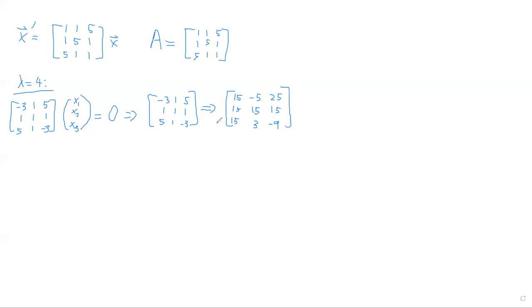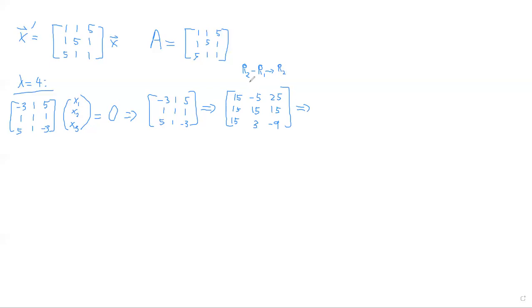Now, sorry, I'm going to subtract the first row from the second row and the third row. So I'm going to write that down actually. R2 minus R1 goes to R2. Second row minus first row goes to second row.